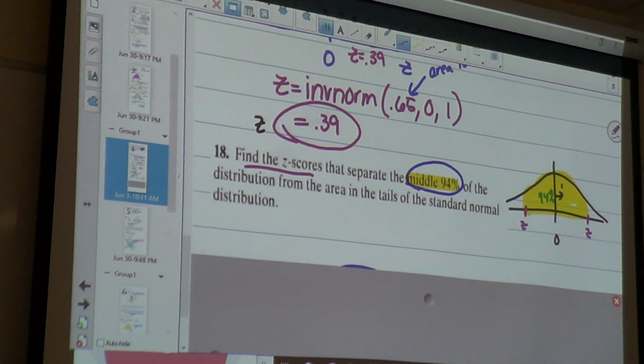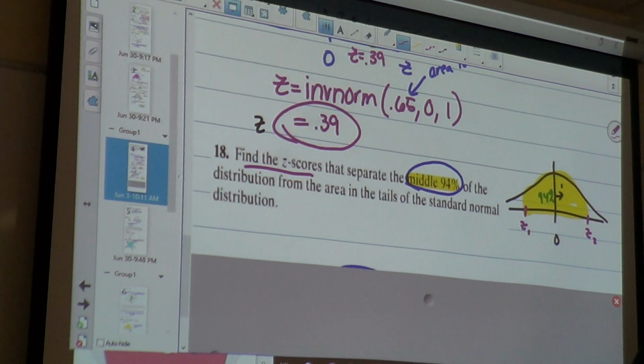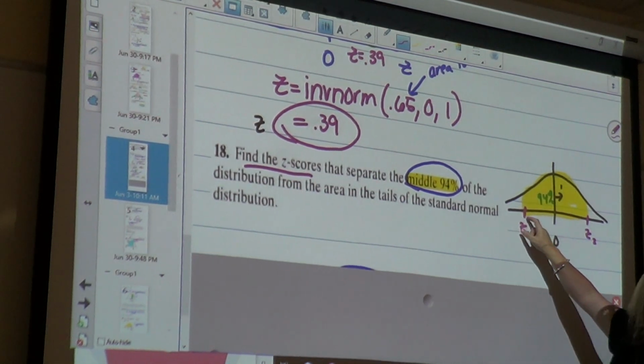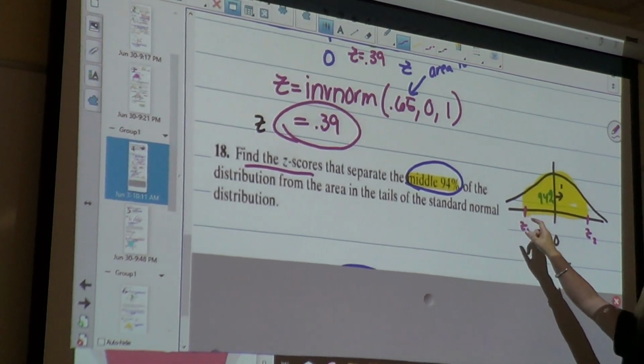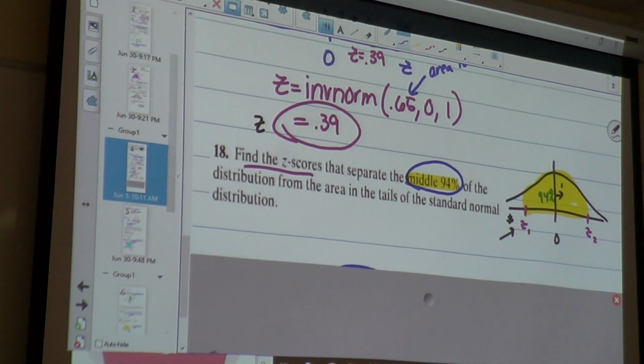I'm going to call it z-score 1 and z-score 2. I need to know both of those z-scores. Let's start with this one right here.